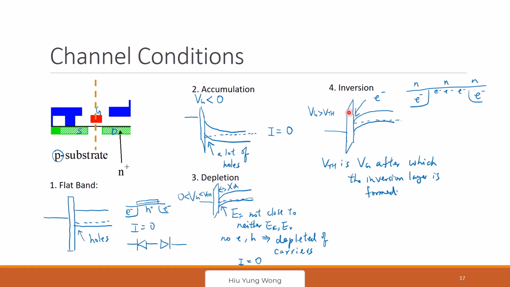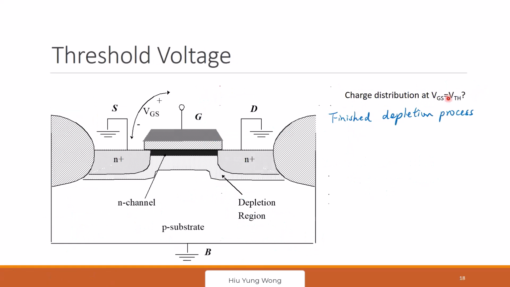It will just keep forming more mobile electrons. Okay, so that is the threshold voltage. It finishes the depletion process and only forms the inversion layer. And only the inversion layer is useful for the conduction.